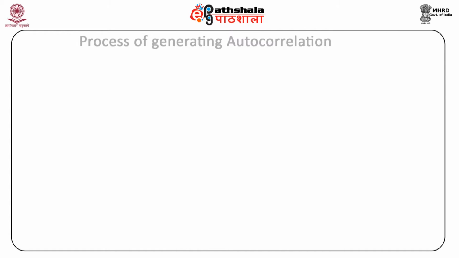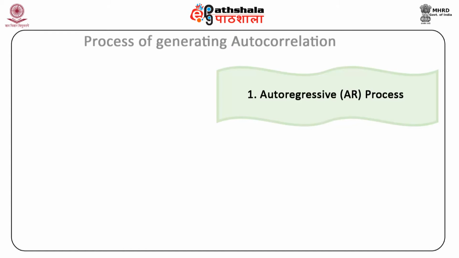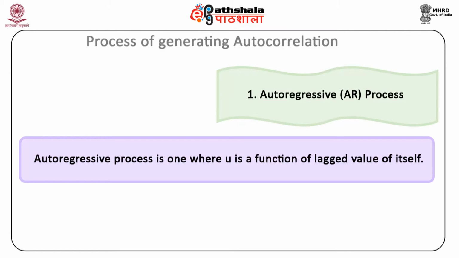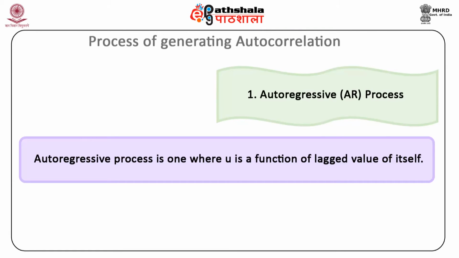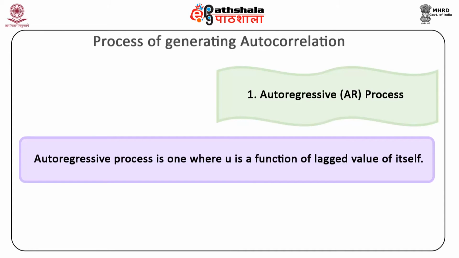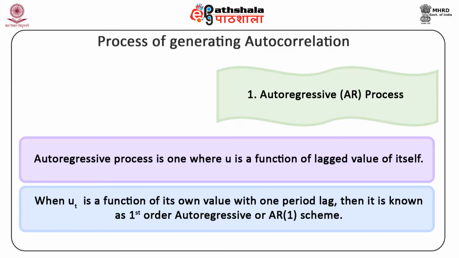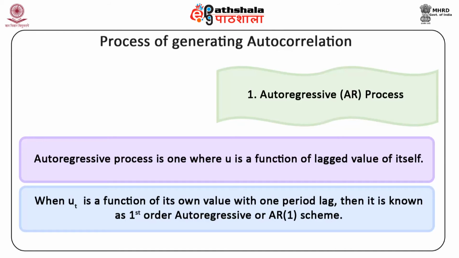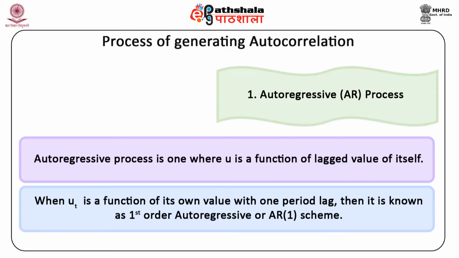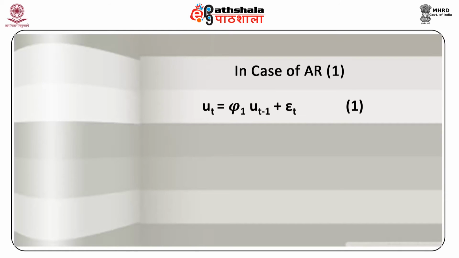The first structure is the autoregressive process, also known as AR process, where U is a function of lagged values of itself. When ut is a function of its own value with one period lag, it is known as the first order autoregressive or AR1 scheme. In case of AR1, ut is equal to phi ut minus 1 plus epsilon t.